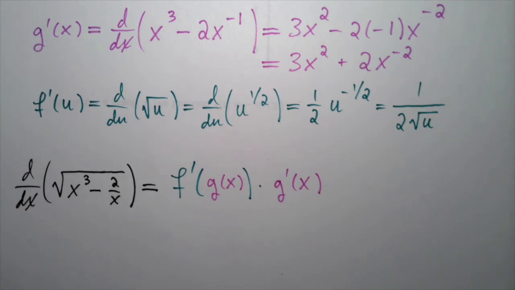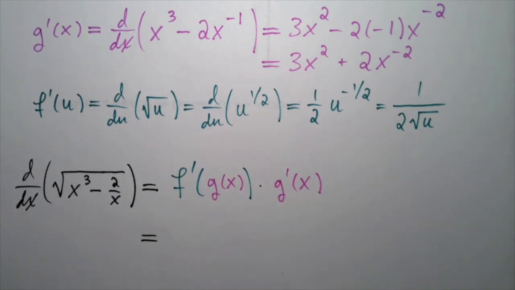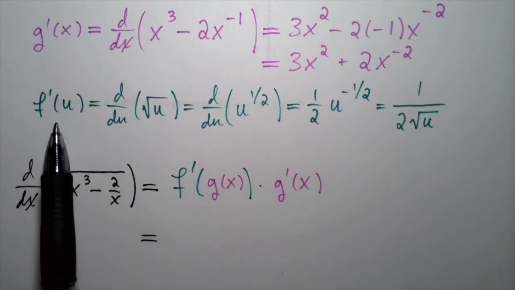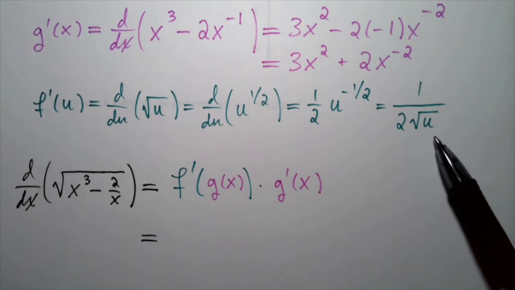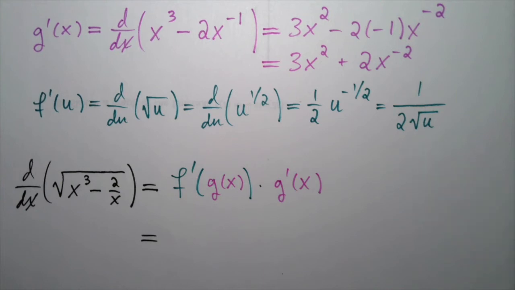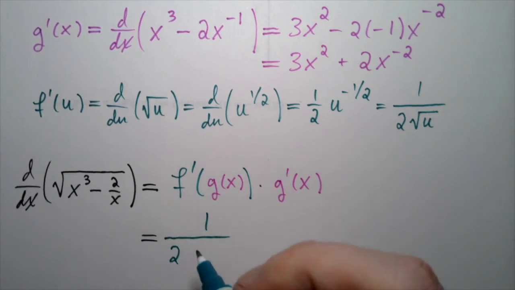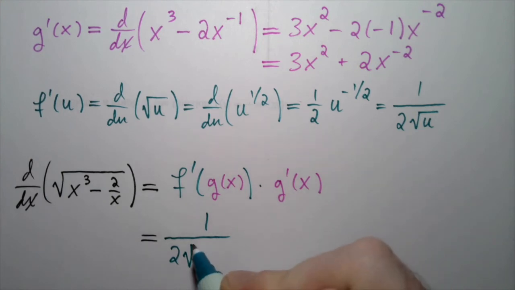That's just the statement of the chain rule. Okay? So, what does that say in this case? Well, we figured out the derivative of f with respect to u. It's 1 over 2 square root of u. So I need to plug in g of x for u in this 1 over 2 root u function, the derivative of f. Here we go. I have 1 over 2 times the square root, but now it's not of u, it's of g of x.